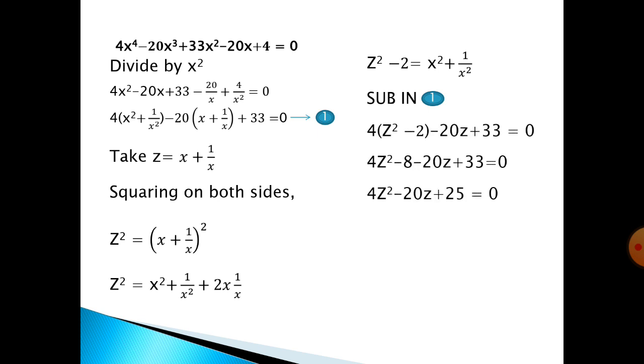We get 4 of z square minus 2 minus 20z plus 33 is equal to 0. On solving this, we get 4z square minus 20z plus 25 is equal to 0. After factorizing it, we write 2z minus 5 into 2z minus 5 is equal to 0. We get z is equal to 5 by 2 twice.